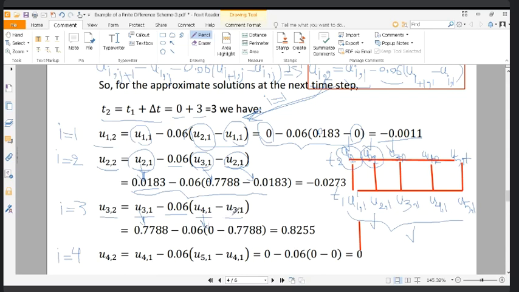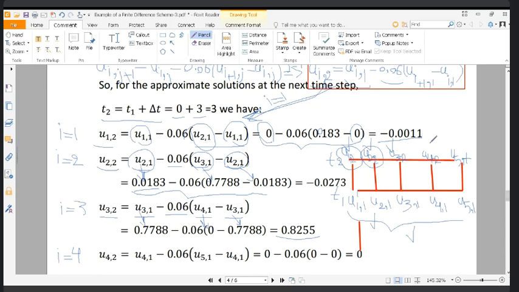And again, u3,1 is 0.7788. When we compute this line, the value of u3,2, meaning u at x3 and t2, is 0.8255.